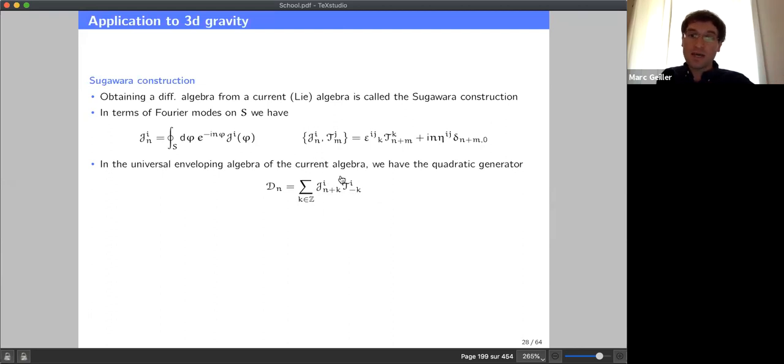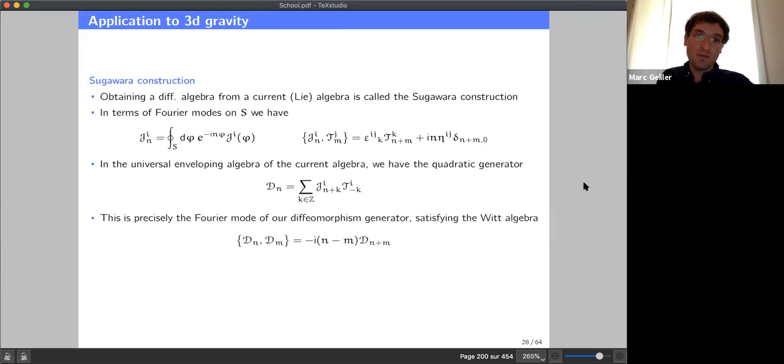If you call this quadratic generator D, there's a reason why we call it D: you can check that the algebra of these generators D is precisely the Fourier mode representation of the diffeomorphism generator, which satisfies again the Witt algebra of diffeomorphisms of the circle, written here in terms of Fourier modes.